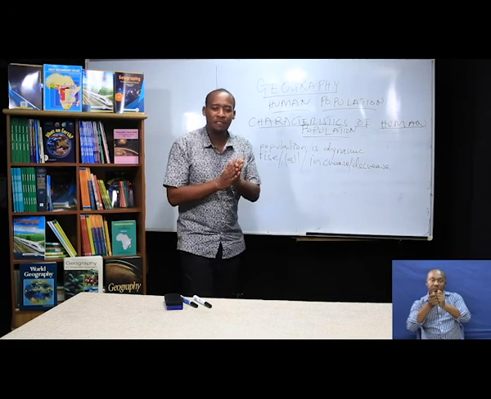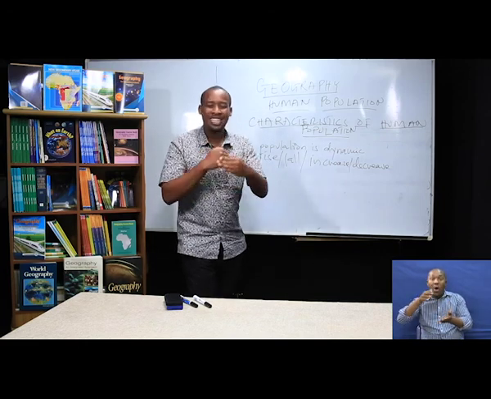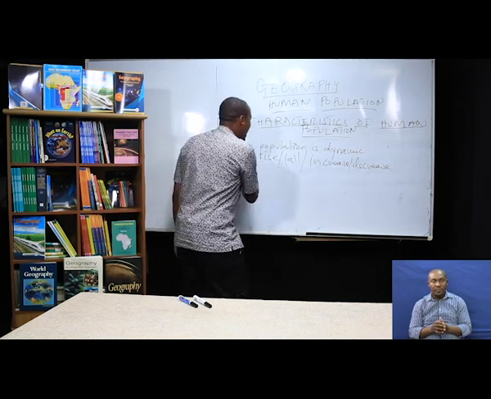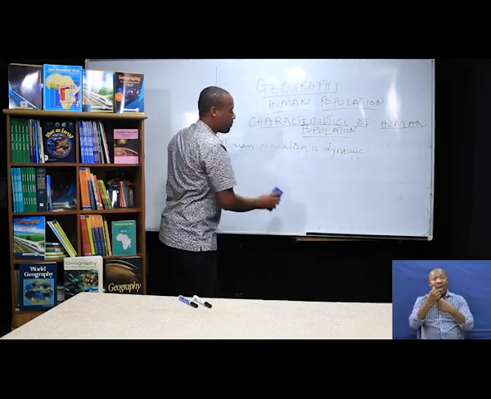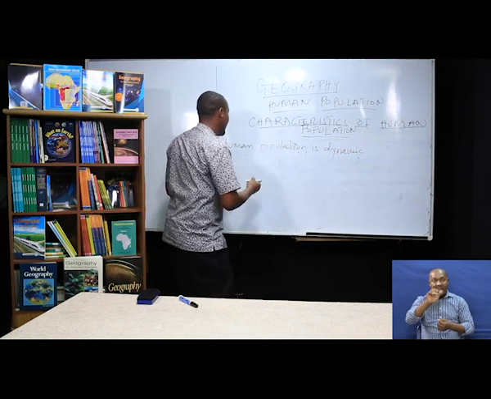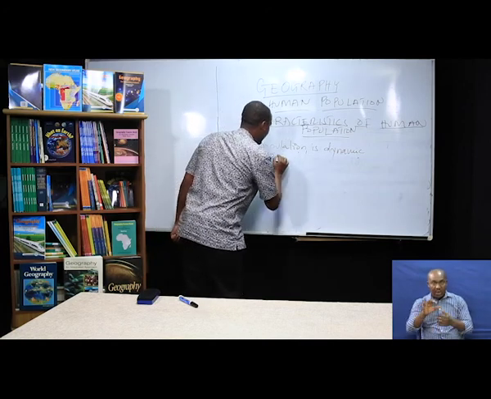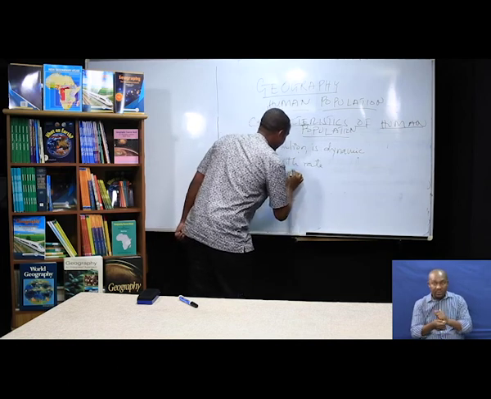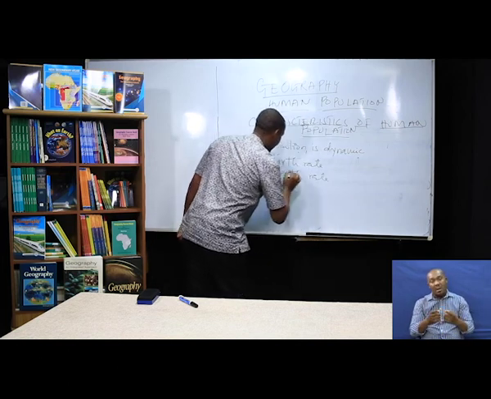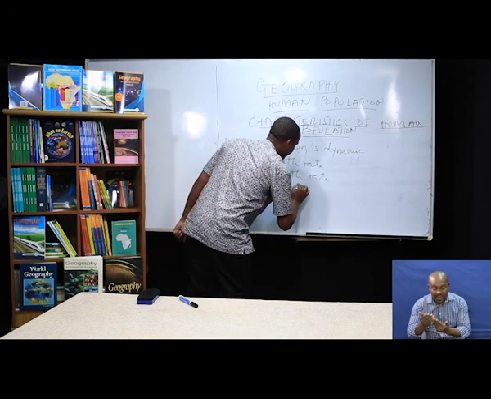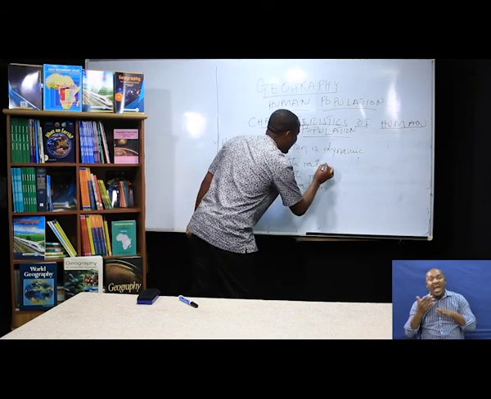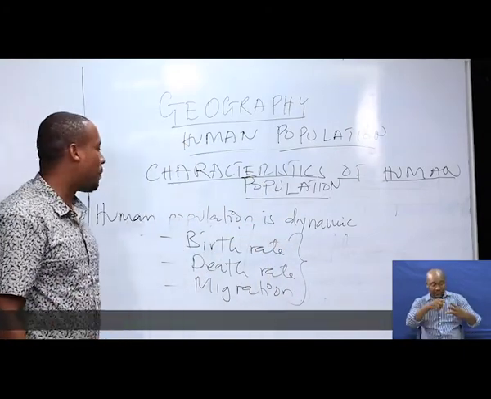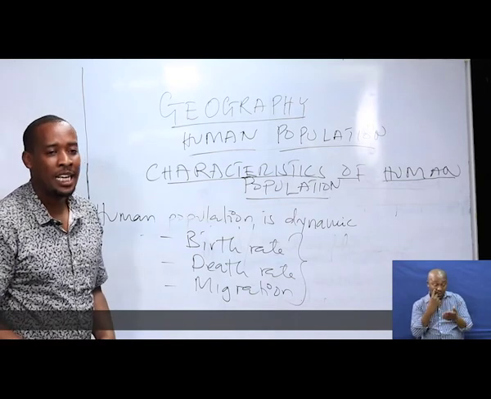We have three main variables here: birth rate, death, and migration. These are the three components that make human populations change over time.